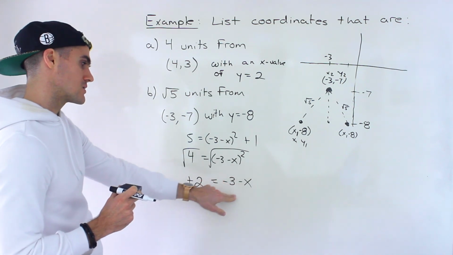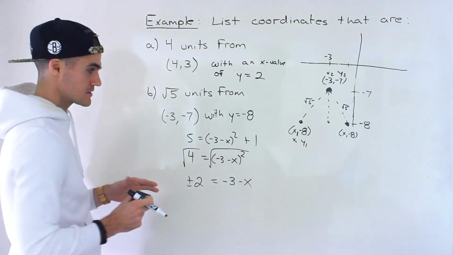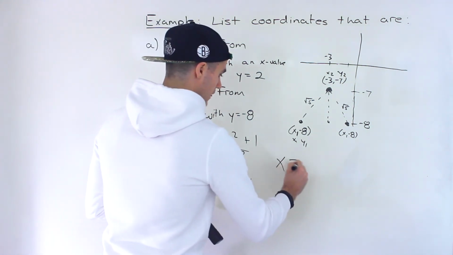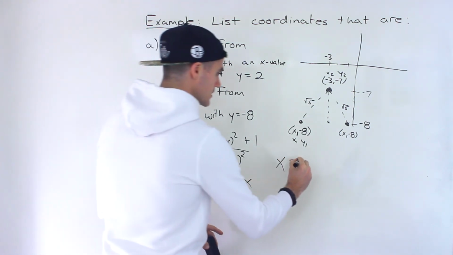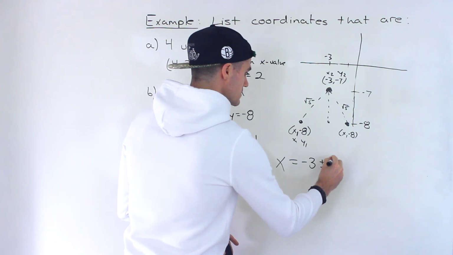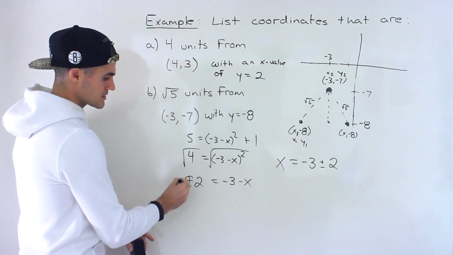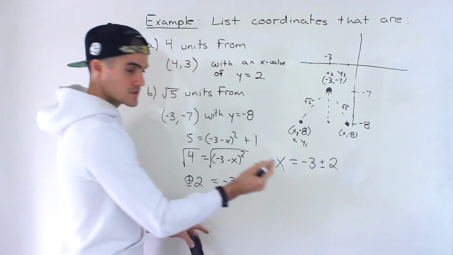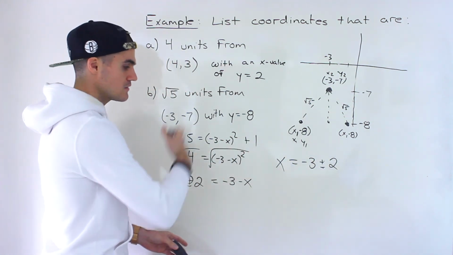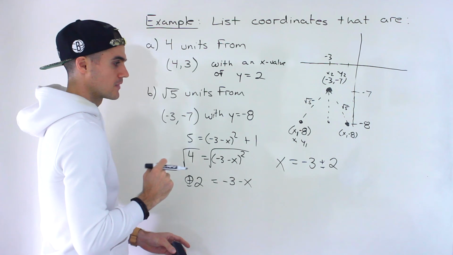I'm going to bring the negative x to the left side to make it a positive x, and this plus or minus 2 I'm going to bring over to the right side. It still stays plus or minus, because this positive would turn into a negative, and this negative would turn into a positive.